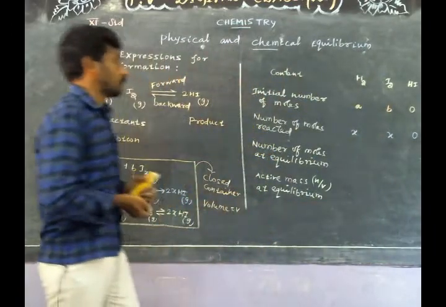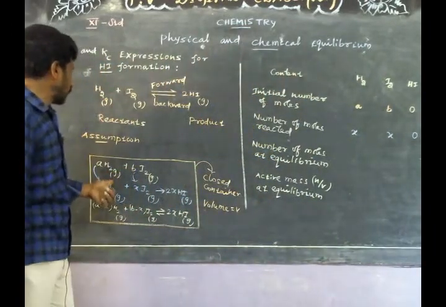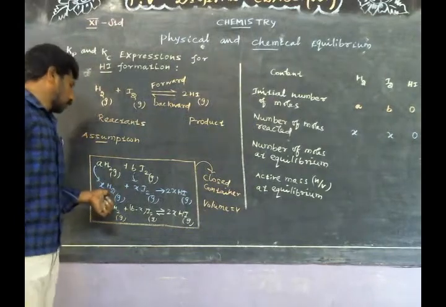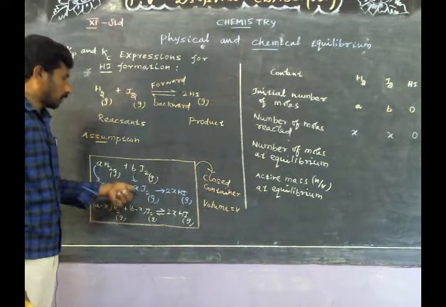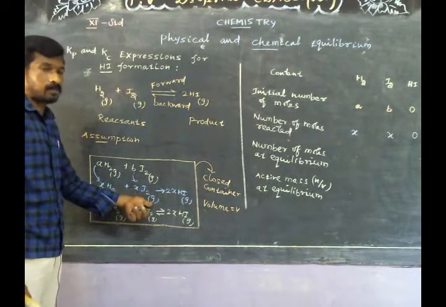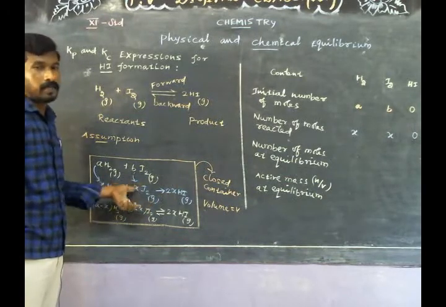This is because in the beginning of the reaction only X moles of hydrogen gas and X moles of iodine gas are taking part in the reaction.